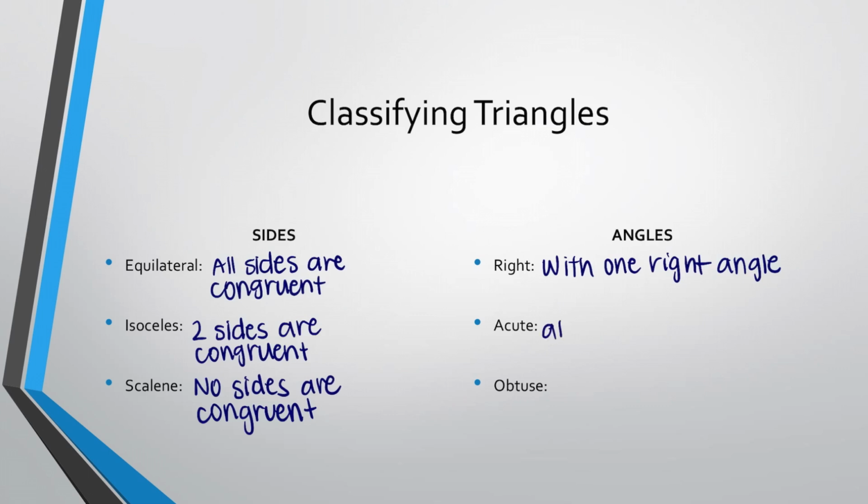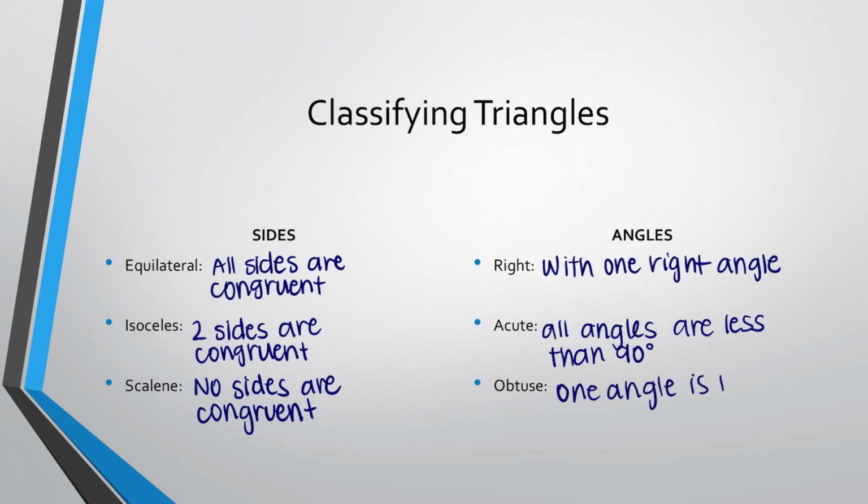An acute triangle means all angles are less than 90 degrees, because acute means less than 90 degrees. An obtuse triangle means one angle is more than 90 degrees. And again, it's kind of the same reasoning as the right triangle.